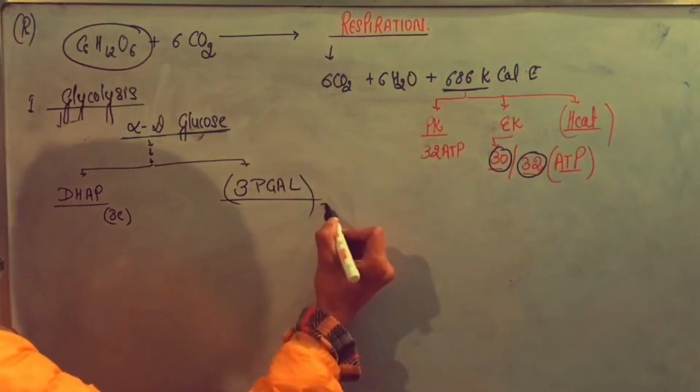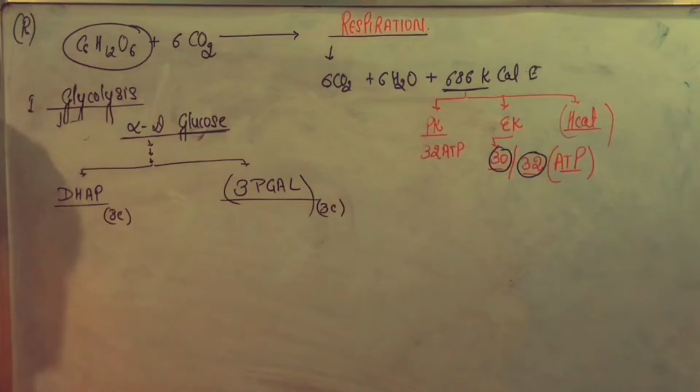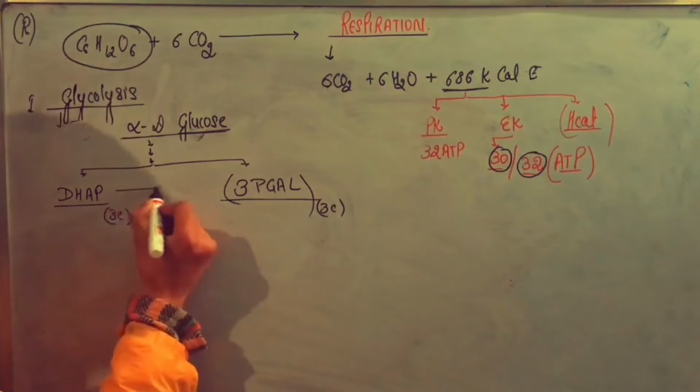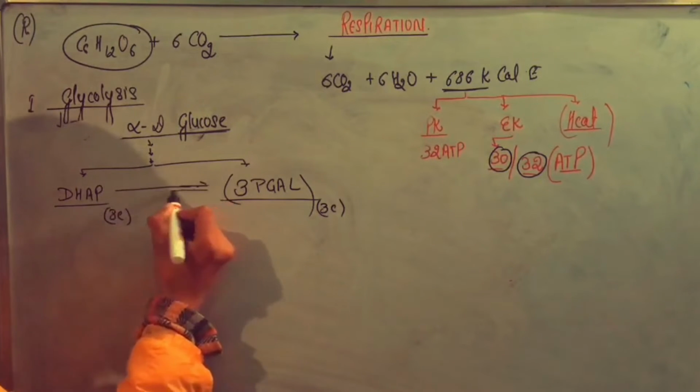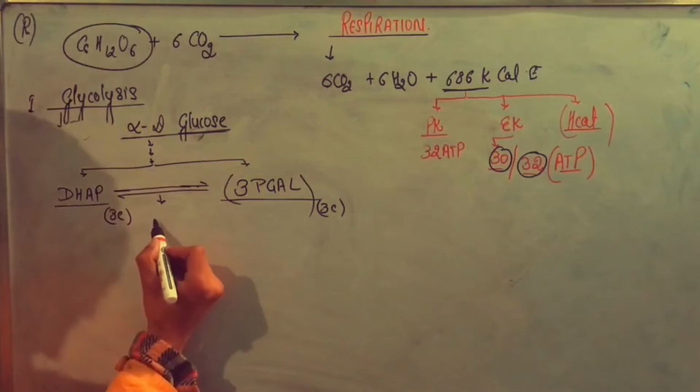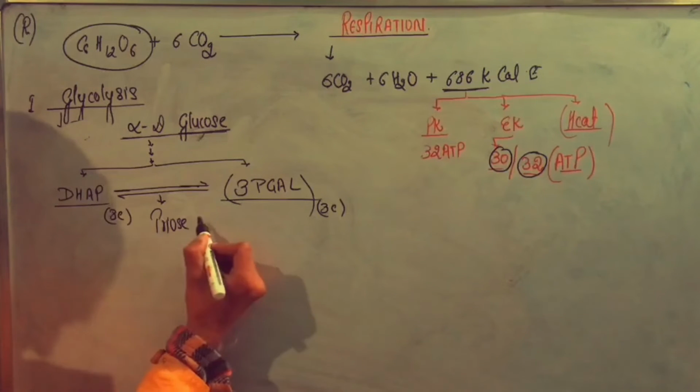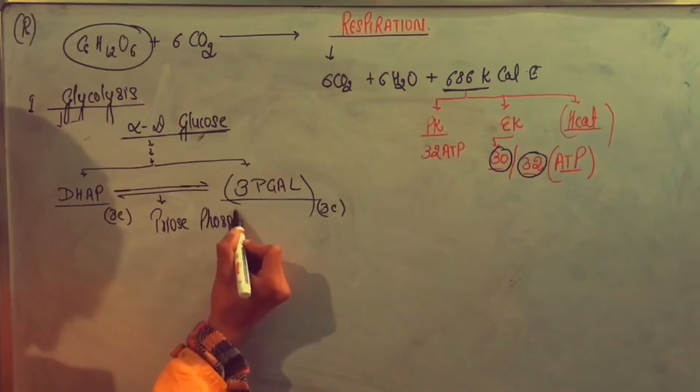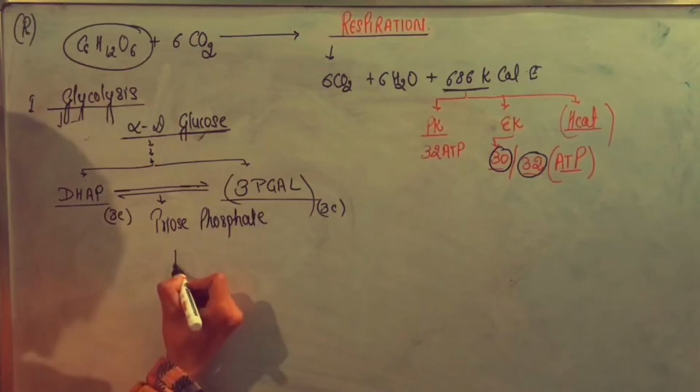In the presence of enzyme aldolase, this dihydroxyacetone phosphate can be interconverted in the presence of an enzyme called triose phosphate isomerase.